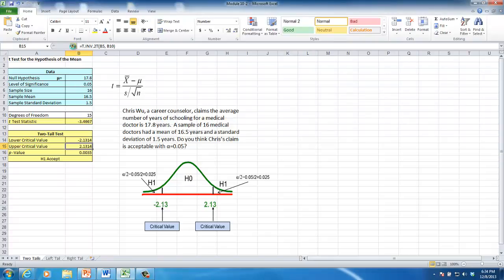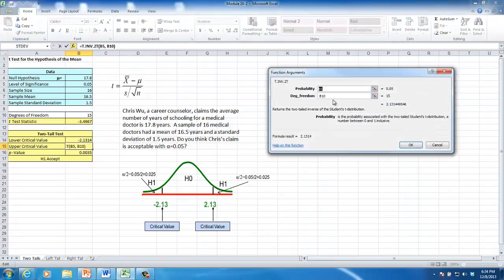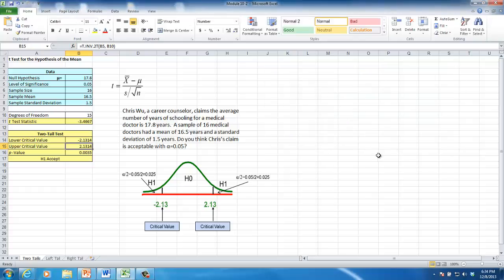And since the sample size is 16, the degree of freedom would be 16 minus 1, 15, which is B10. So I enter B5 and B10 to find the t critical value, and this number is 2.13.